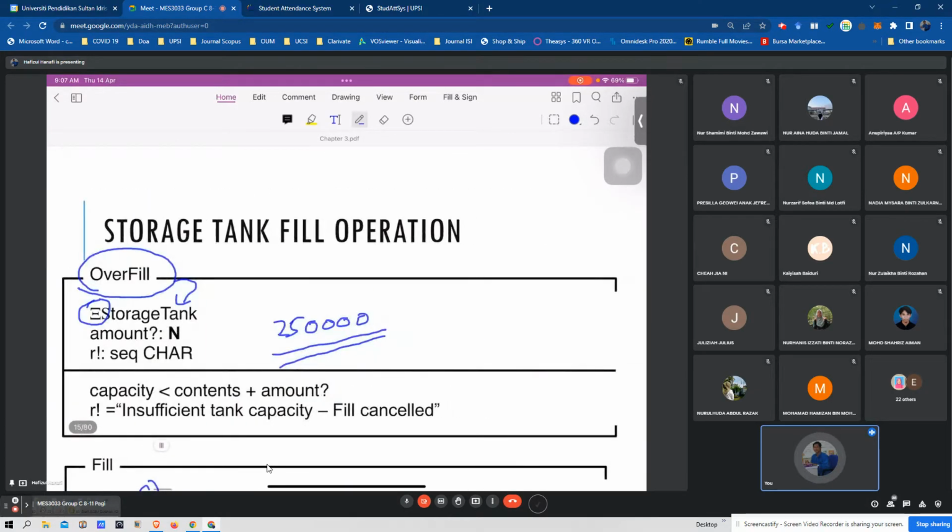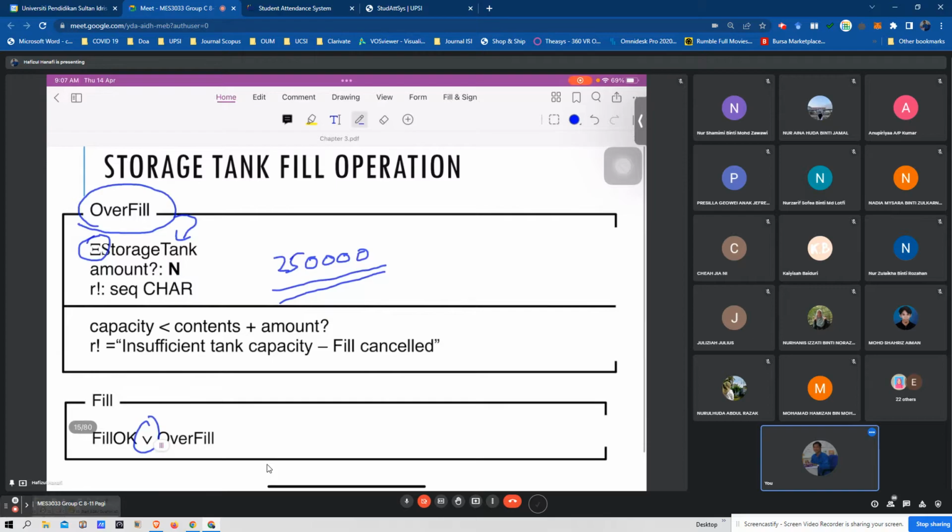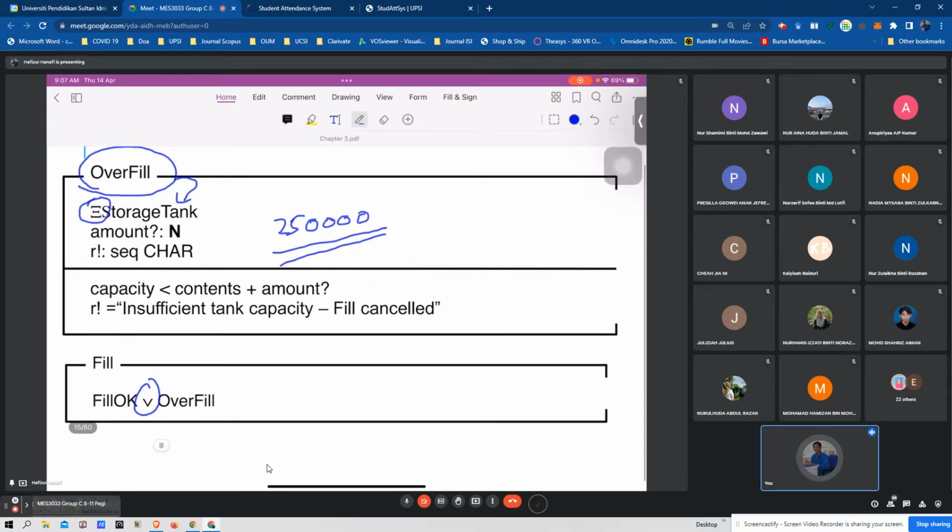And then we have fill. This one, with the overfill, combines two functions.